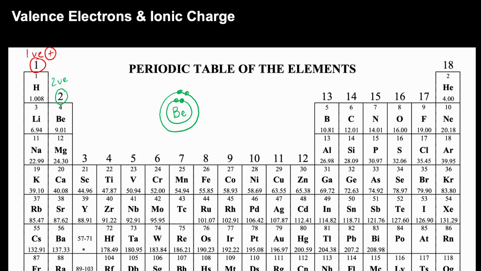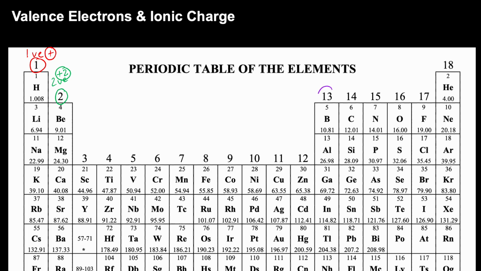The answer is to lose 2. So beryllium started with 4 protons and 4 electrons. By losing 2, it now has 2 extra protons. So it's going to assume a positive 2 charge, and that is the same process for all of the elements in group 2. So all the elements in group 2, if they were to become an ion, they would get a positive 2 charge.